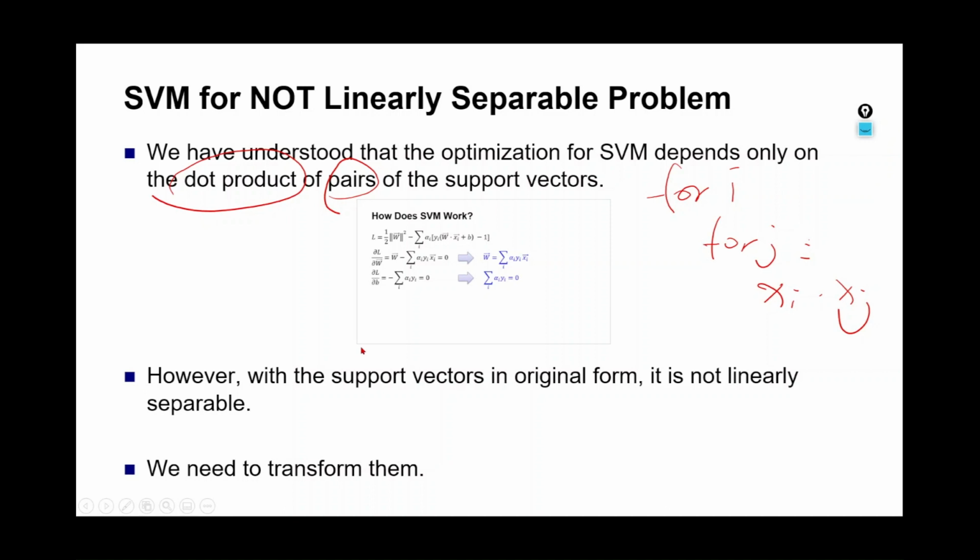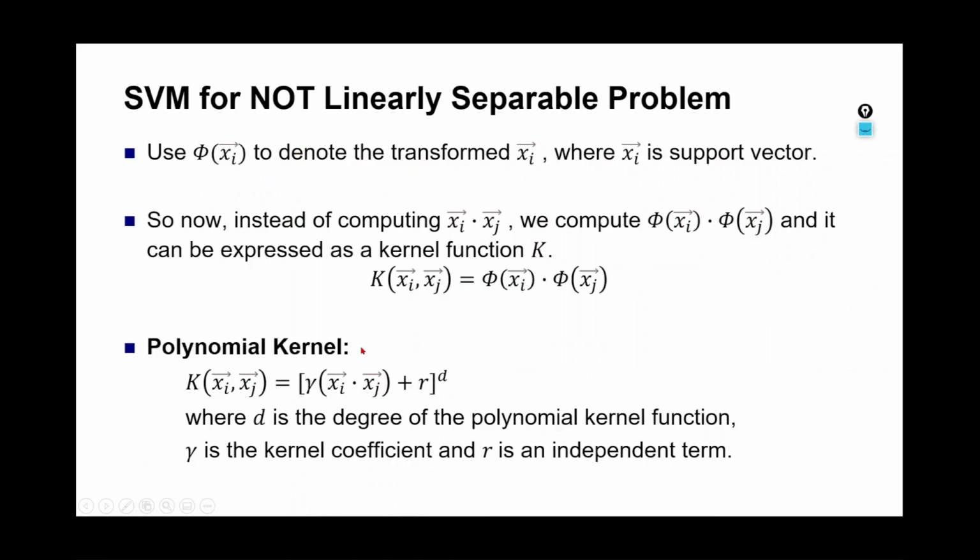That's why we need to transform them and try to increase the dimensionalities. How to do that? We use this symbol, phi, to denote the transformed xi. Xi is a support vector.